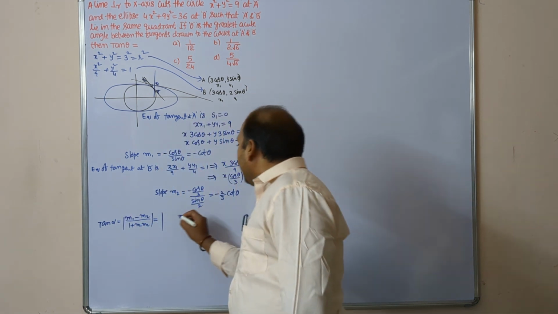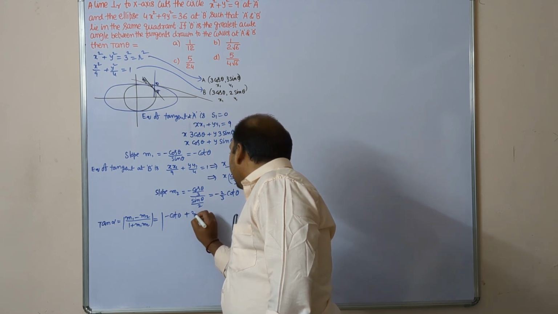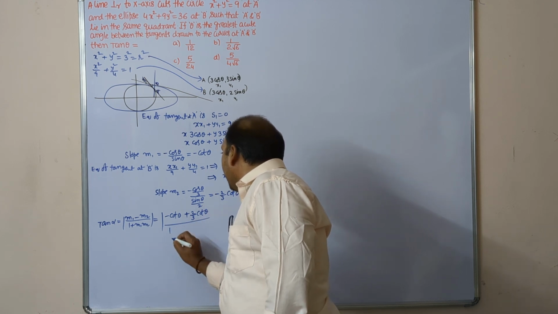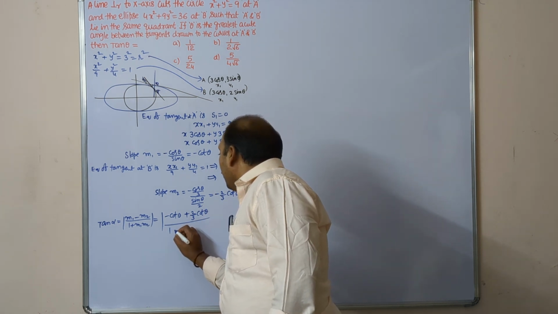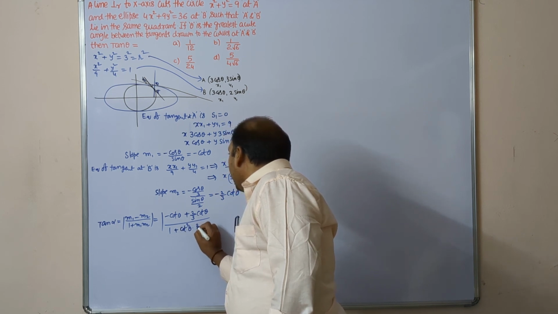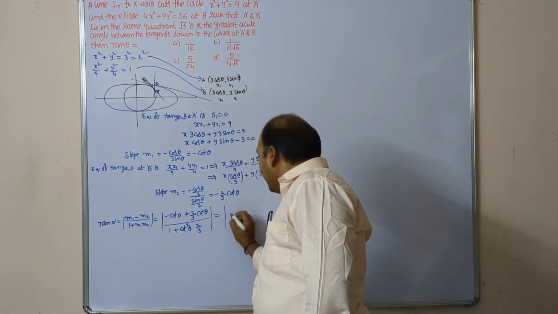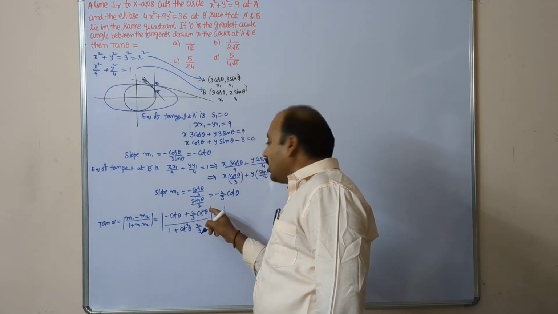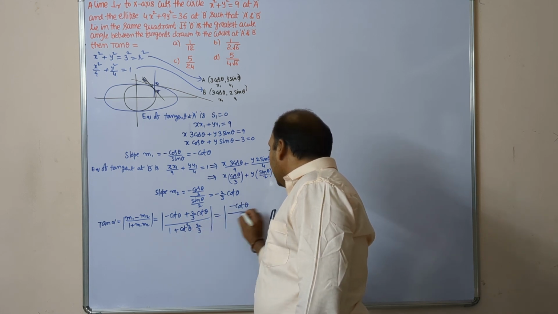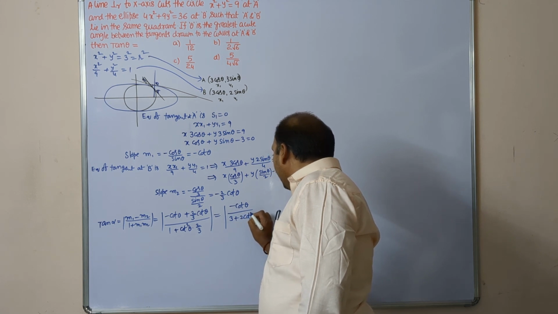m1 value minus cot theta, minus of minus plus 2 by 3 cot theta, divided by 1 plus m1 m2, which is 1 plus cot square theta into 2 by 3. If you simplify this, you will get minus 3 cot theta plus 2 cot theta, which is minus cot theta. Here 3 gets cancelled, so it is 3 plus 2 cot square theta.